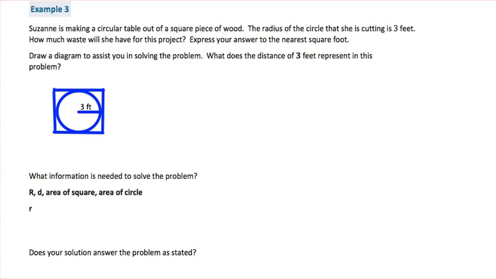So in that order, our radius is 3, our diameter is twice, this radius is halfway across, the diameter is twice that, which is 6. Let's calculate the area of the square. The diameter would be the length of a side, so 6 times 6 is 36. And these are square feet.